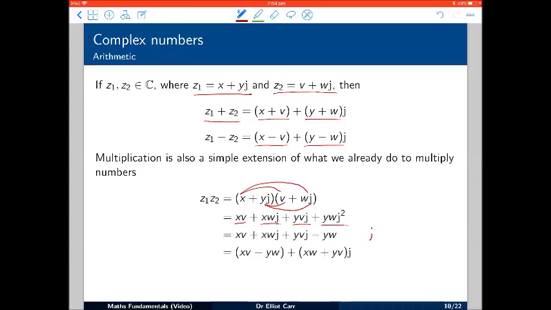Then using the fact that j squared is equal to -1, I get this term, and then I can combine the real part and then the imaginary part. Now this is in the form of a complex number, z equals a plus bj, where a and b are real numbers.